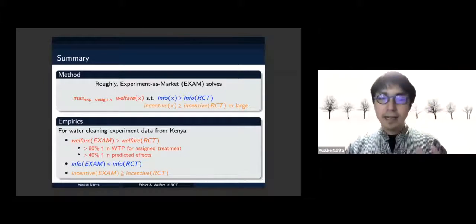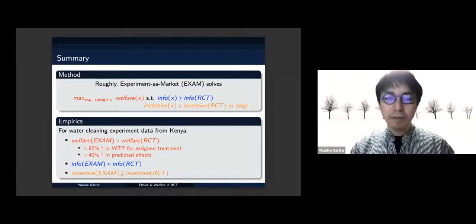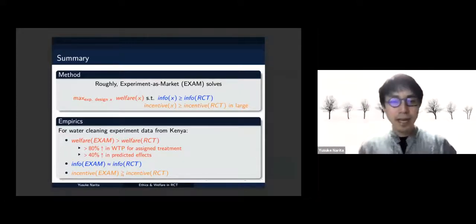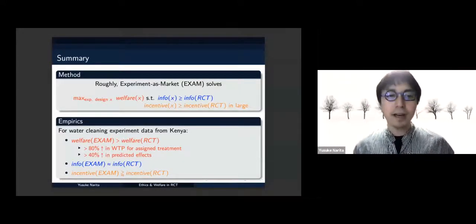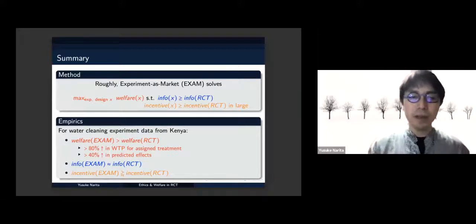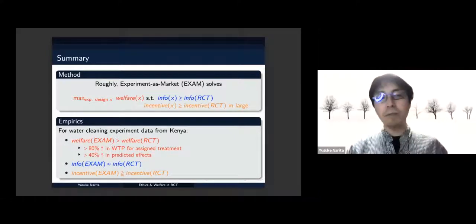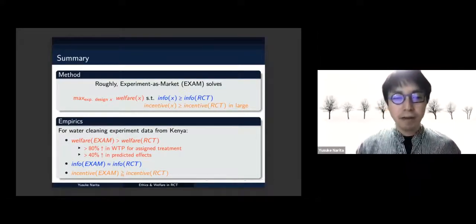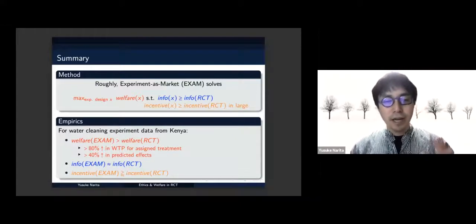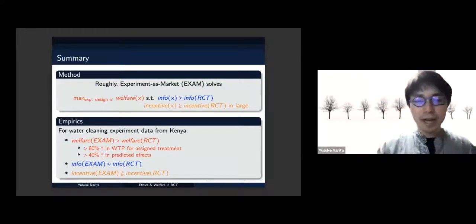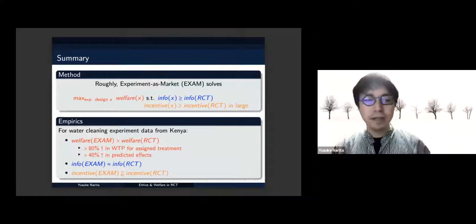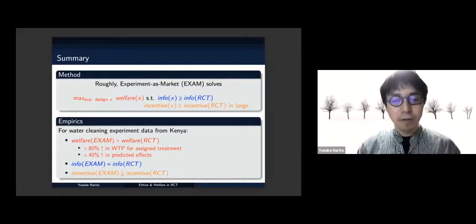Then the empirical results from this data about the Kenyan water source protection experiment are consistent with the theoretical result. So we can achieve some welfare improvement at almost no cost in terms of information and incentive. I'd like to interpret this exam as a potential modification or enrichment of RCT when the experimenter cares a lot about subject welfare.